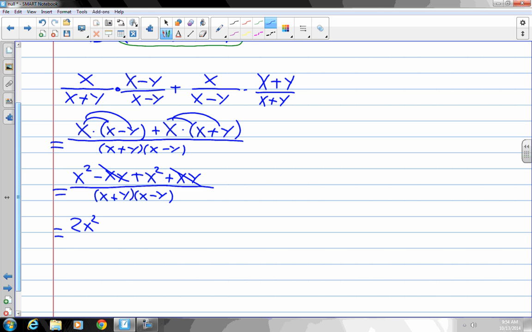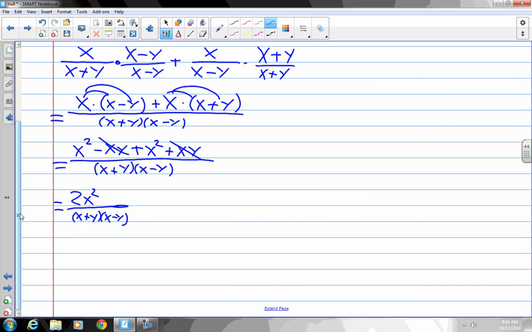So it gives you 2x squared in the numerator, over x plus y, x minus y. And there's nothing else I can do. There are no common factors between the numerator and the denominator. Do you agree with that?